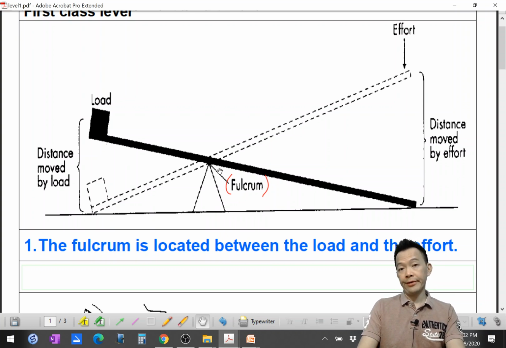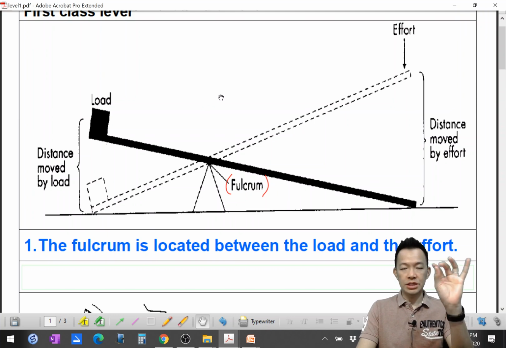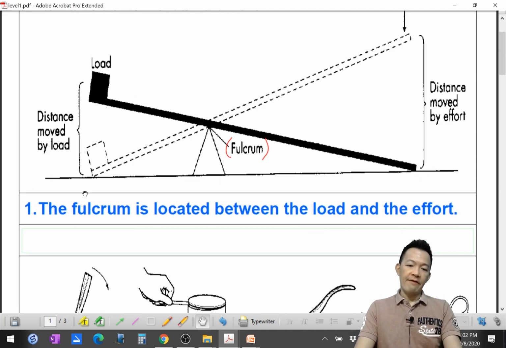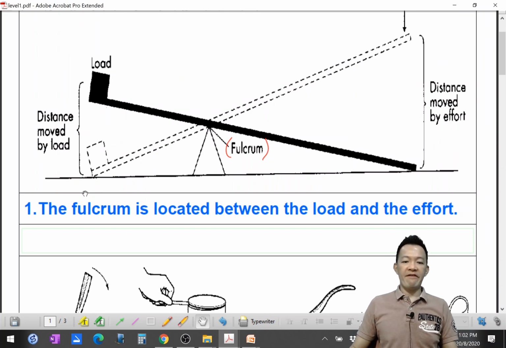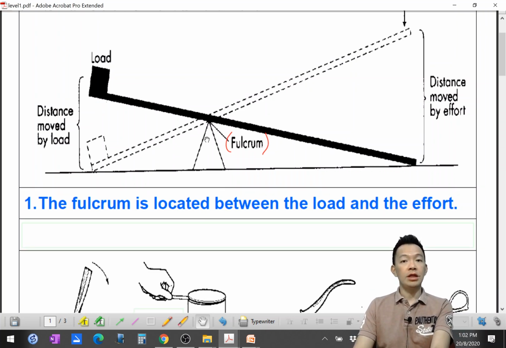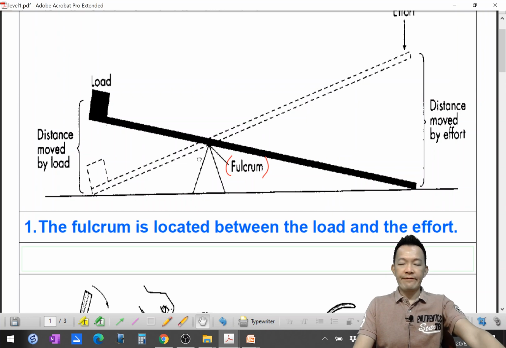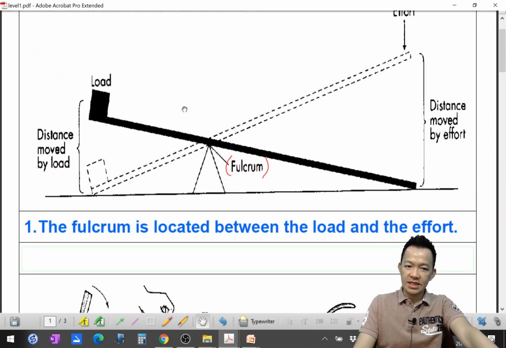The meaning will be not so accurate 就没有这样准了, fulcrum 在中间谁的中间, so it's better not to say this. The best is: the fulcrum is located between the load and the effort. That is the first class lever.